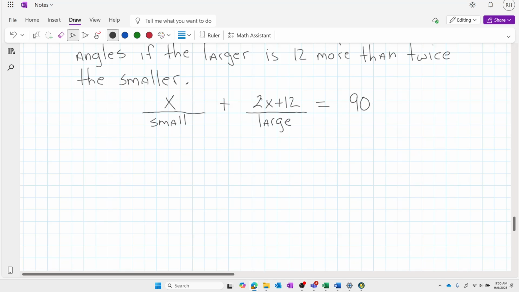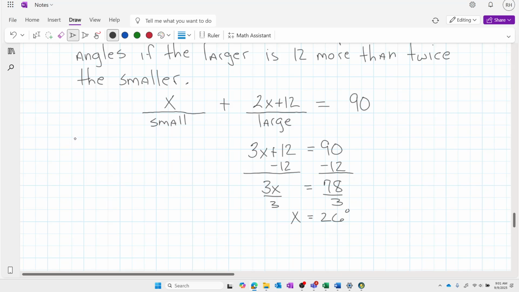So you've got to combine your x's, and you'd get 3x plus 12 is equal to 90. Subtract 12 from each side. And 3x would equal 90 minus 12. 78, and then divide both sides by 3. So we get an x that's equal to 26.